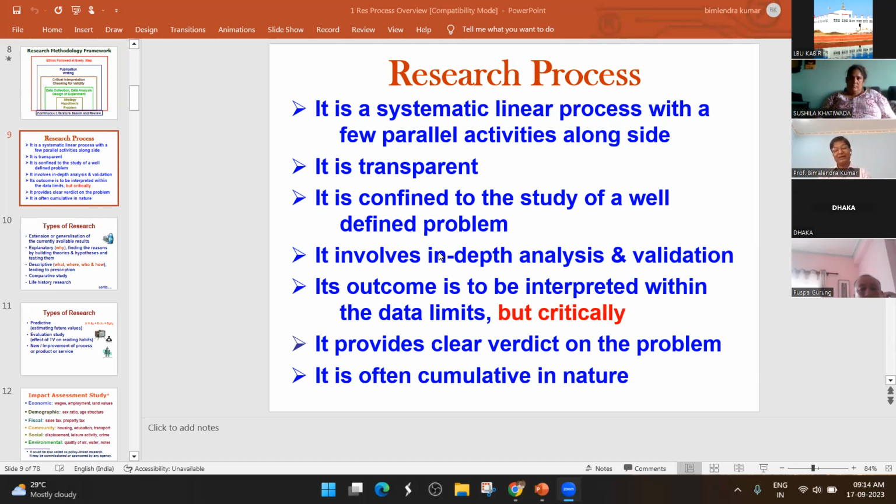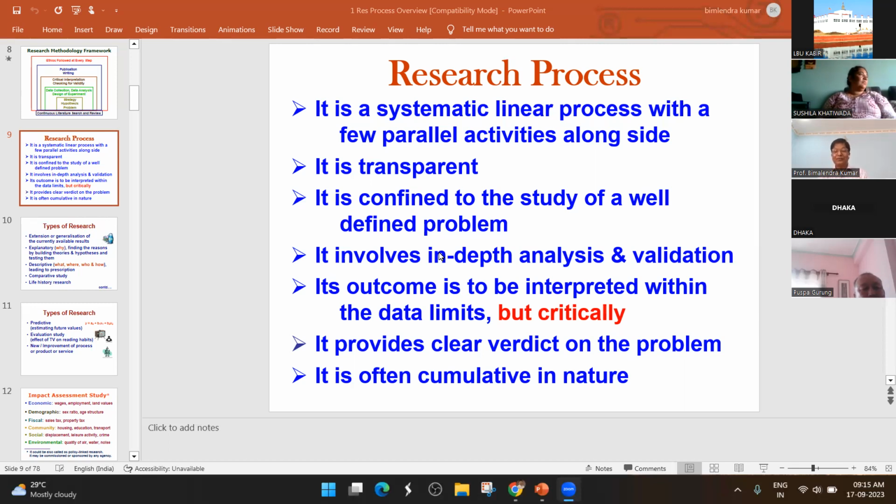So in this research process, research scholars have to get involved in in-depth analysis and validation. Validation means that the hypotheses, or parikalpana or anuman, which have been written in your chapters or in your research proposals, must be tested, to see whether they have come out fruitful or not.